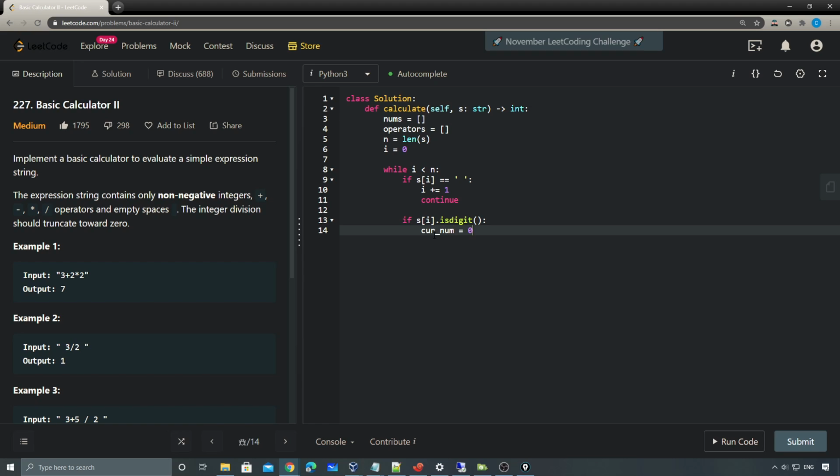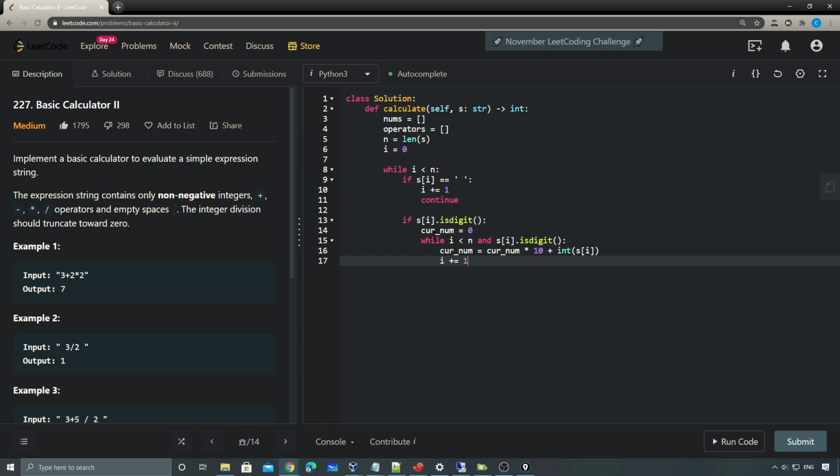So I'm going to define current number equals 0, and then while i is smaller than n and s[i] is digit, I keep updating the current number: multiply by 10 and then plus int(s[i]).